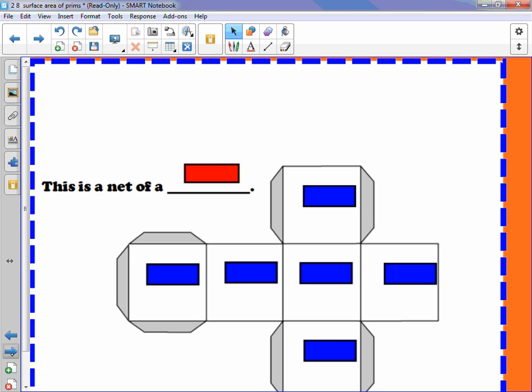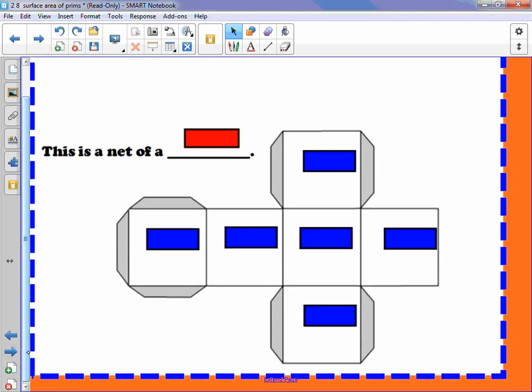What is the shape? This is a net of a geometric figure. Square. It is a cube.